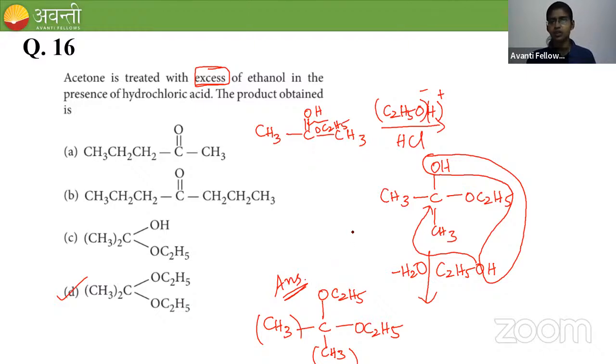What is meant by a geminal dialkoxy compound? What is a geminal carbon first? If two OR groups are attached to the same carbon, then it is called a geminal dialkoxy compound. Got it?